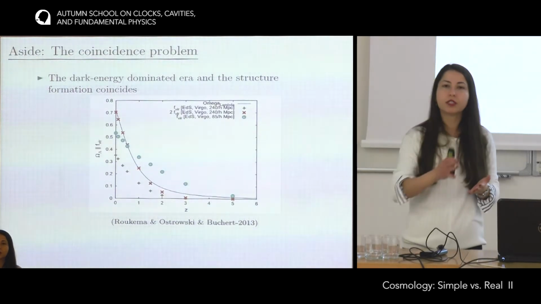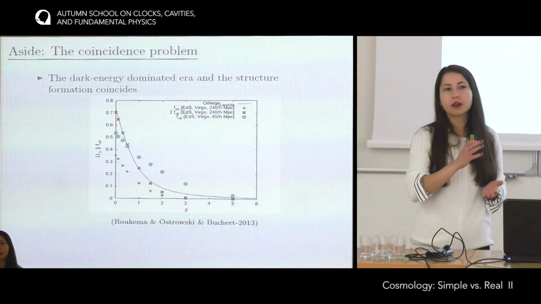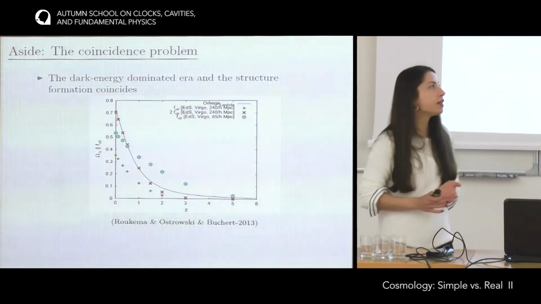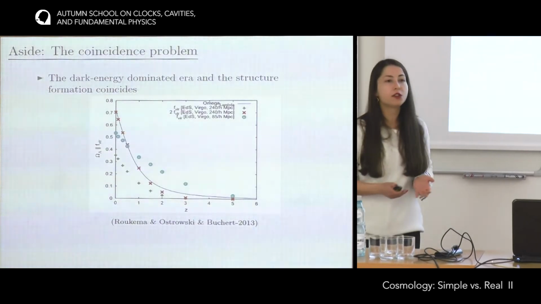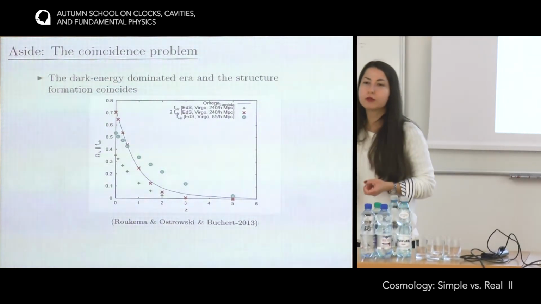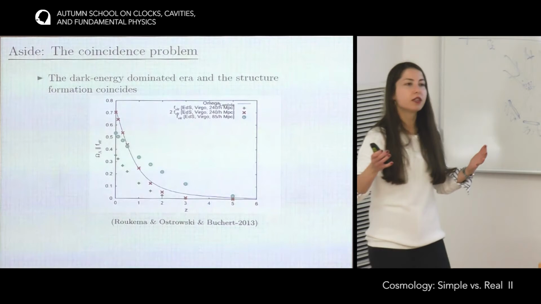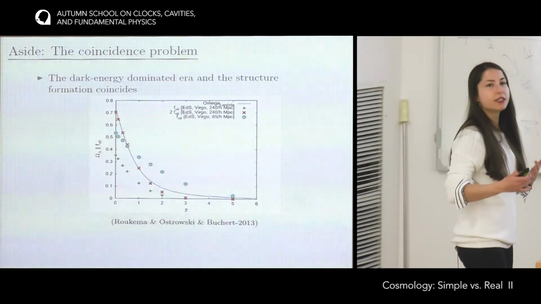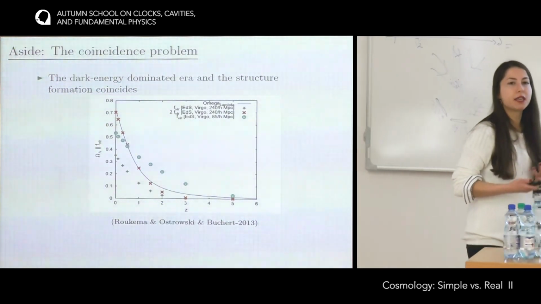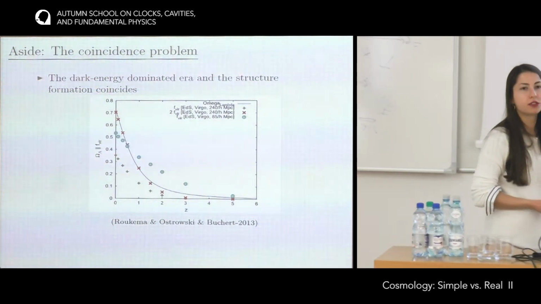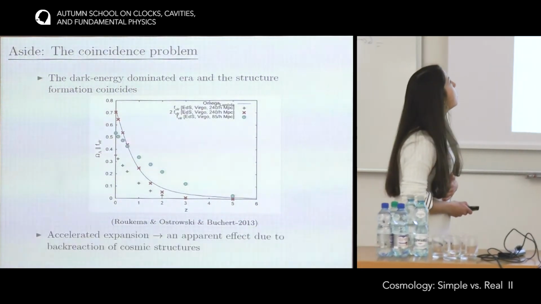You see that there's a correlation between the dominance of the dark energy and the realization of structures. So it was one of the claims that it was the realization of structures at late times that led to this apparent accelerated expansion phenomenon.